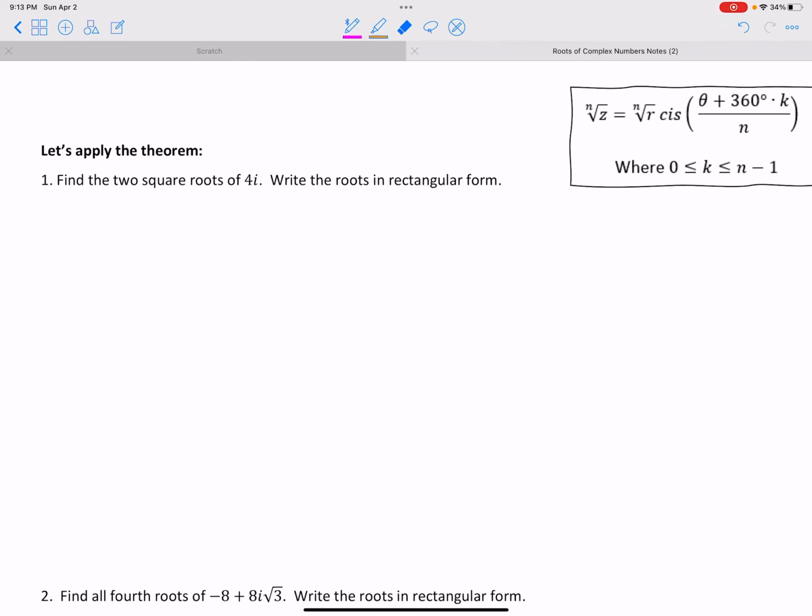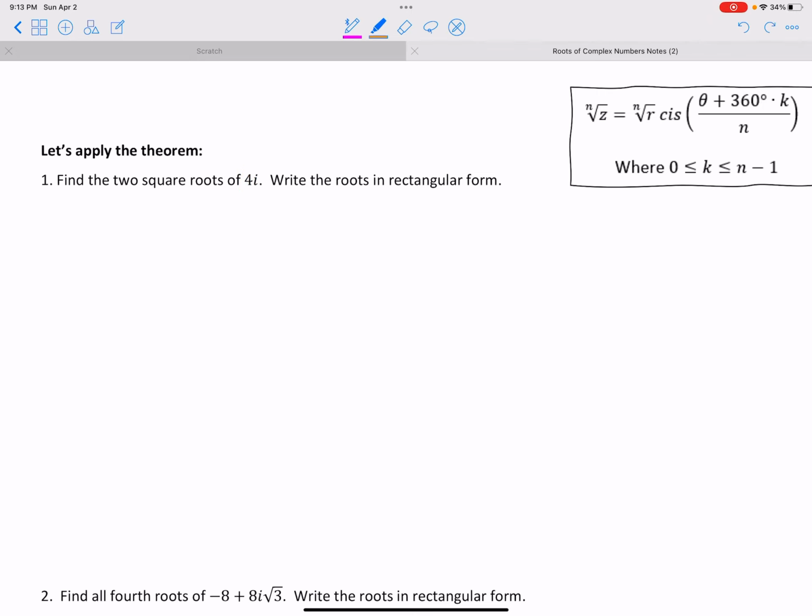So if I want to find the 2 square roots of 4i, how do I start this? Well, I want to try to apply this nth roots theorem, but I need my complex number, which right now is given to me in rectangular form, in trig form.